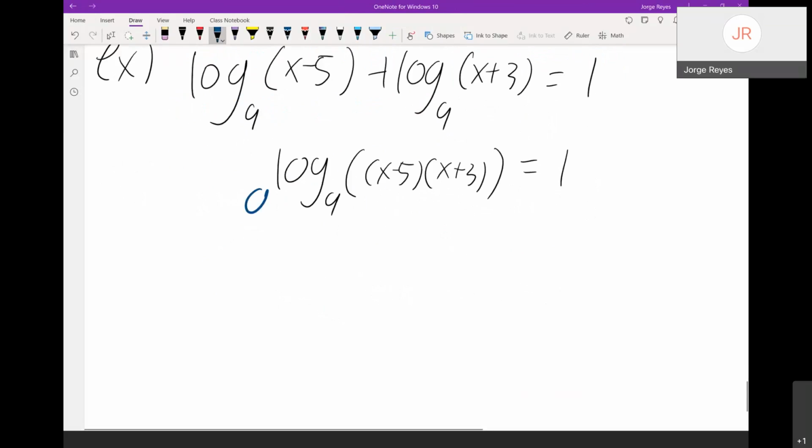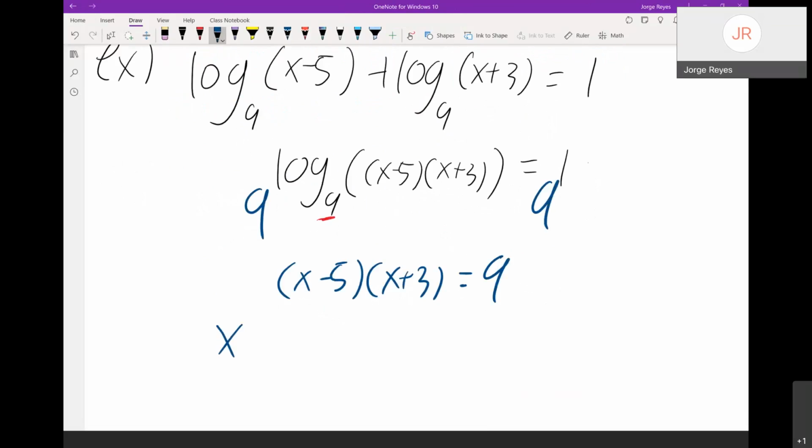Then the magic step of I'm going to 9 both sides, okay, because of the 9. So the right-hand side cancels, and it's just this thing, okay. The left-hand side is 9 to power 1. That's 9. Okay, and then now it's just a quadratic equation, which we should know how to solve.